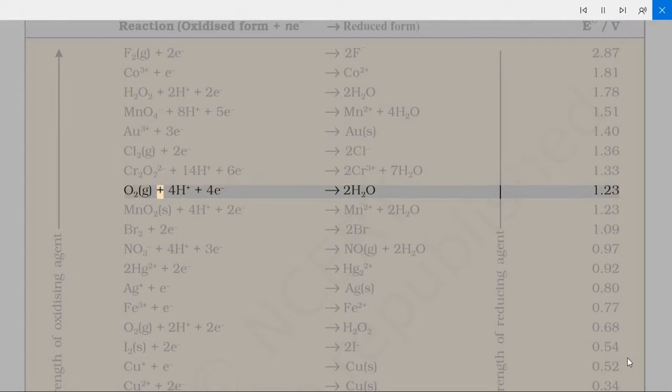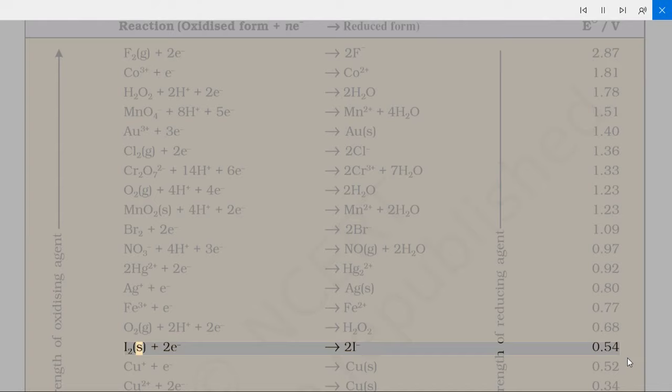O2(g) + 4H+ + 4e- gives 2H2O, 1.23. MnO2(s) + 4H+ + 2e- gives Mn2+ + 2H2O, 1.23. Br2 + 2e- gives 2Br-, 1.09. NO3- + 4H+ + 3e- gives NO(g) + 2H2O, 0.97. Hg2+ + 2e- gives Hg, 0.92. Ag+ + e- gives Ag(s), 0.80. Fe3+ + e- gives Fe2+, 0.77. O2(g) + 2H+ + 2e- gives H2O2, 0.68.